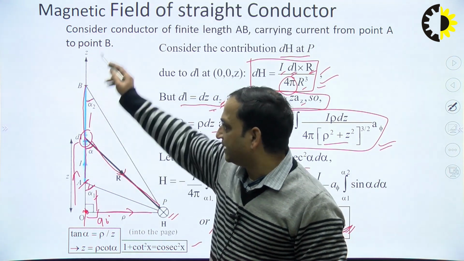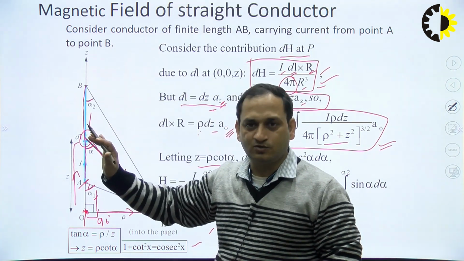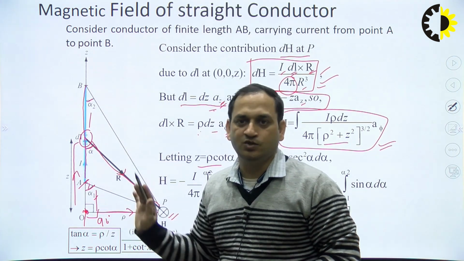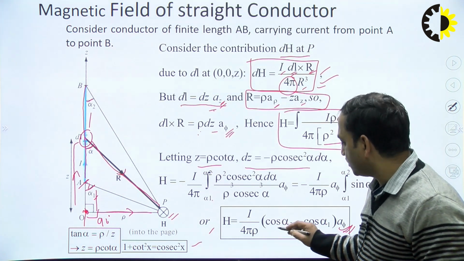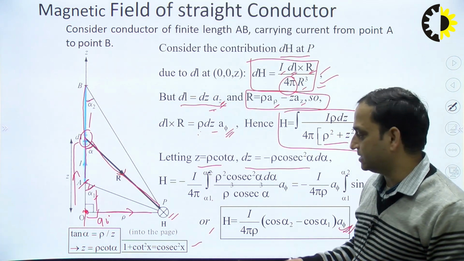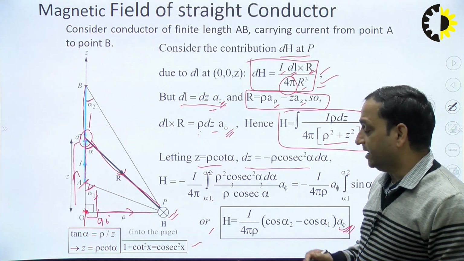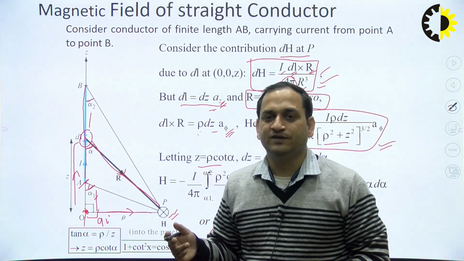When B is infinite, this alpha 2 will be very small, tends to 0. So alpha 1 will be 90 degree, alpha 2 will be 0 for semi-infinite, right? Just put all these values of alpha 1 and alpha 2 here, then you will get the value of H at point P. Clear?